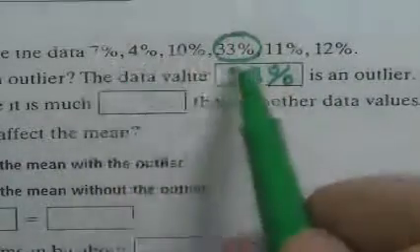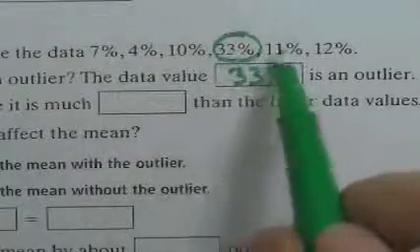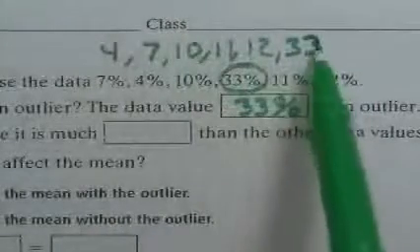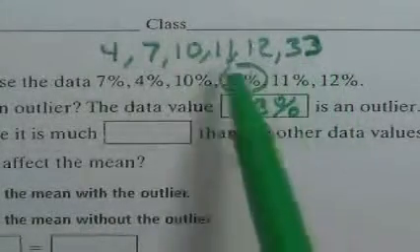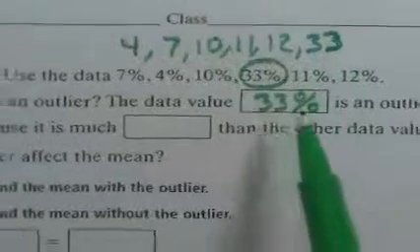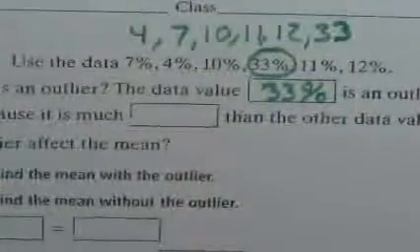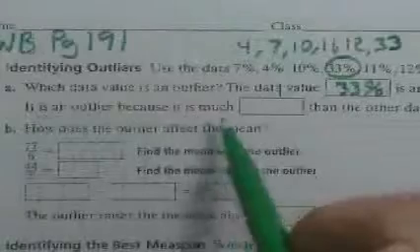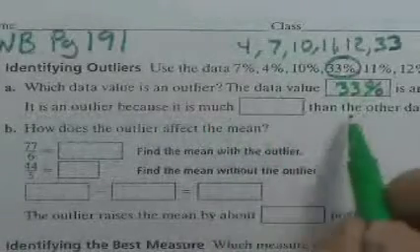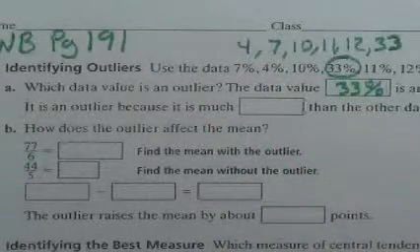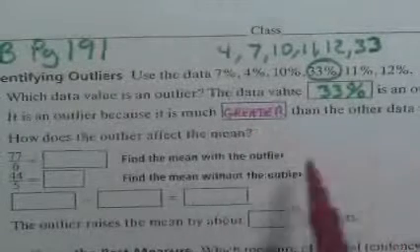That's much greater than the closest one. The next highest one would be 12. If you put these in order, you would see that 33 is way out there. So 33 is our outlier. It's an outlier because it is much greater than the other data values.